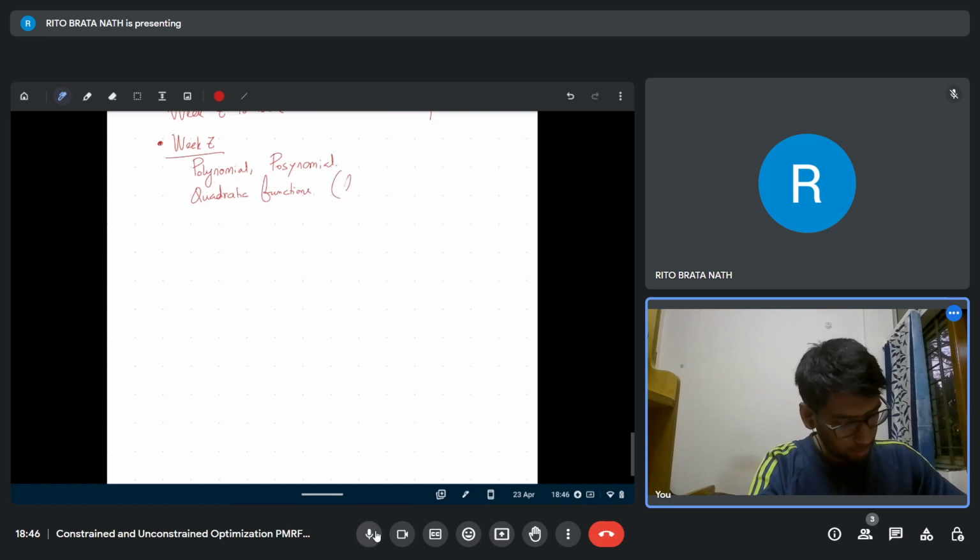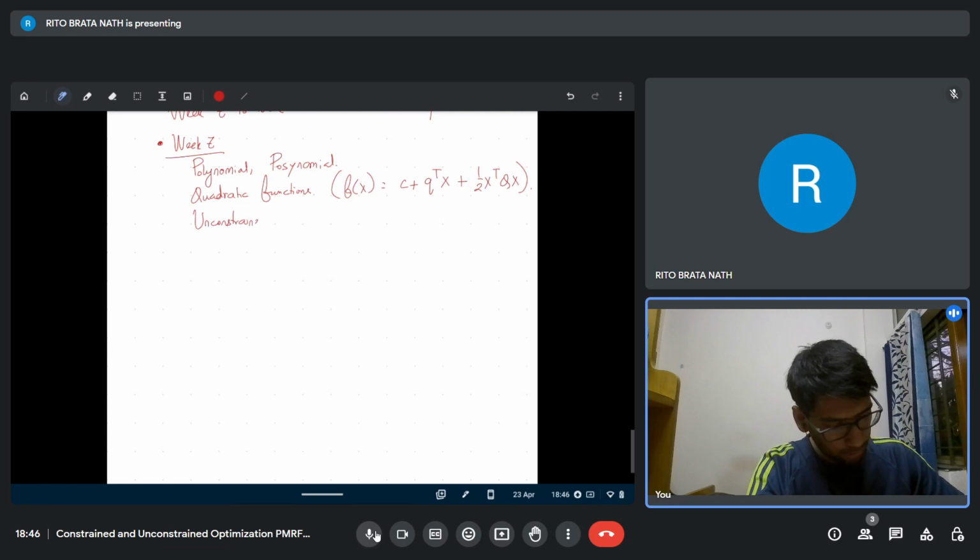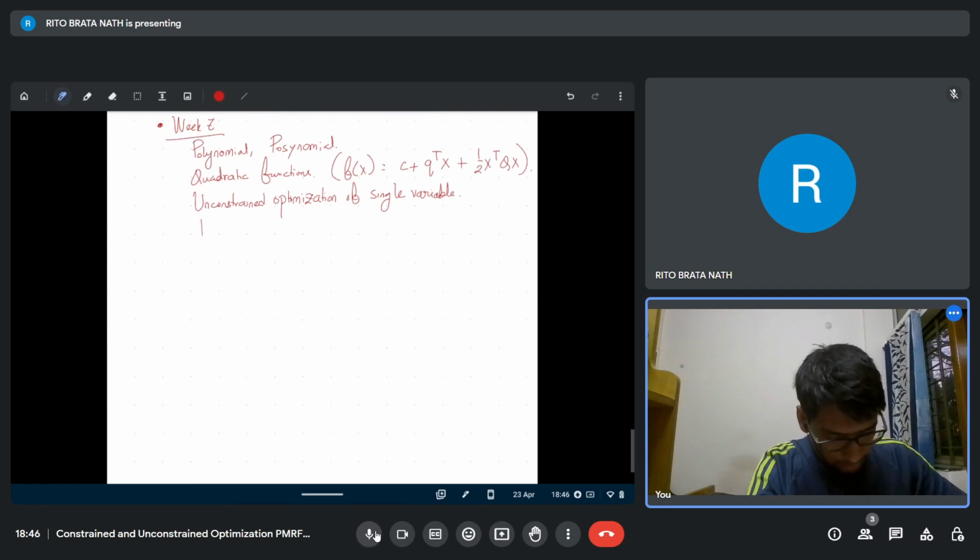So that was like these kind of expressions with capital Q being a symmetric matrix. Then unconstrained optimization of single variable. Okay, so finding maxima and minima.